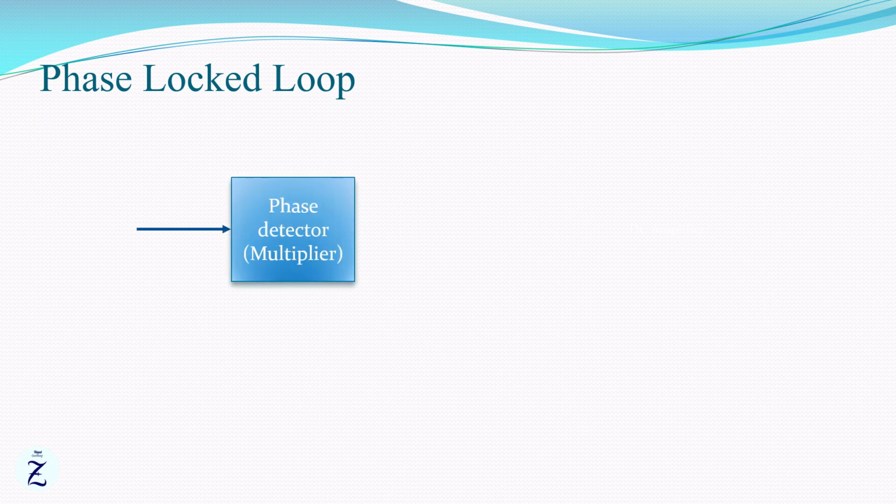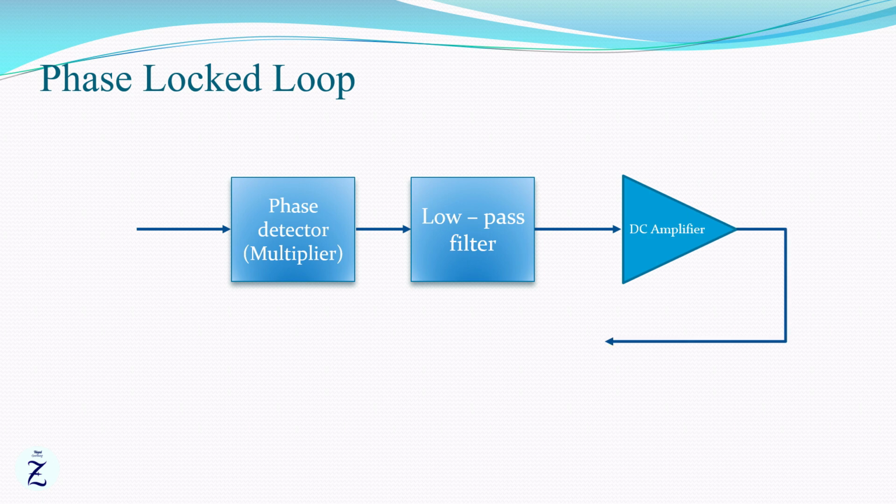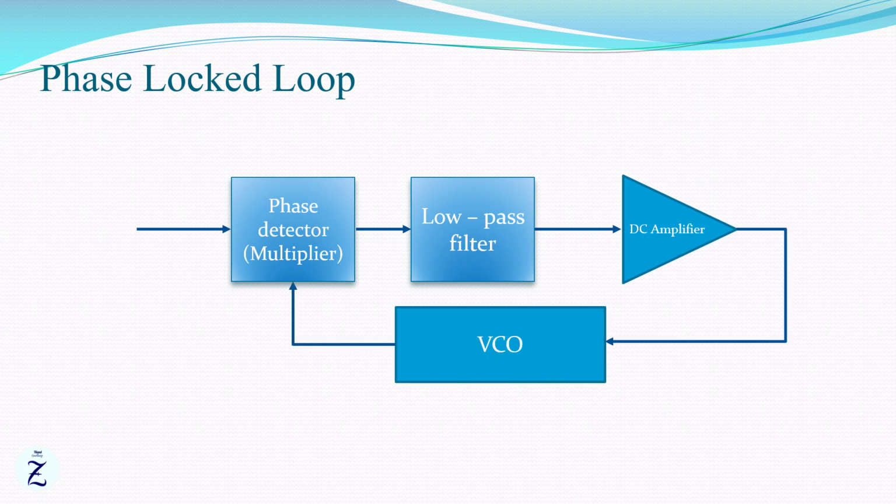Let's look at the PLL circuit. Here is the circuit which consists of a phase detector, a low pass filter, an amplifier, and a voltage controlled oscillator. This phase detector is basically a multiplier that produces a signal having frequency components Fin + F0 and Fin - F0.